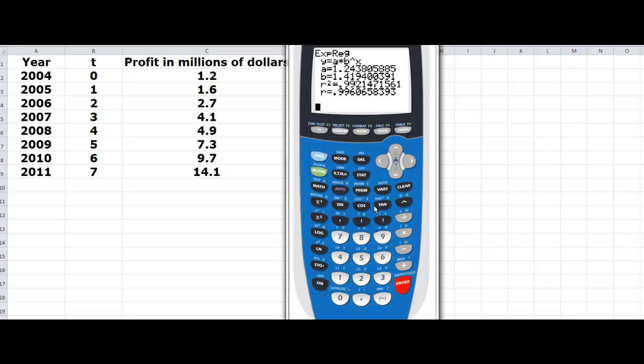It tells me that the equation of best fit, the exponential equation, is a times b to the x, where a is approximately 1.24381 and b is 1.4194.